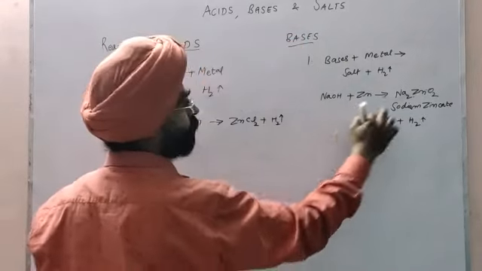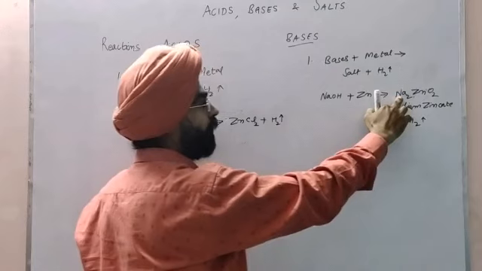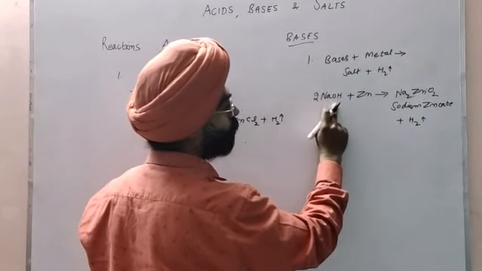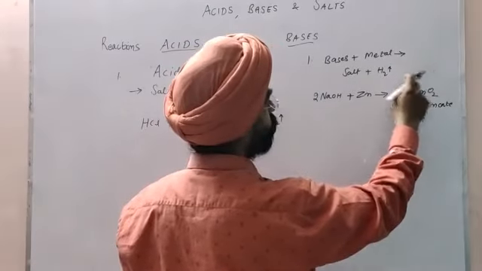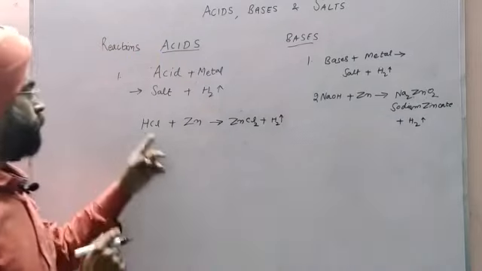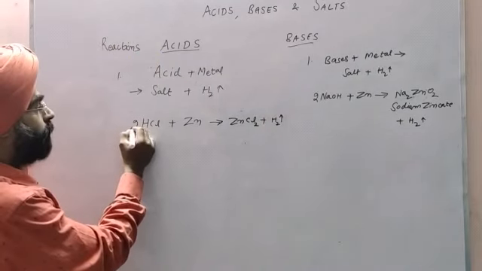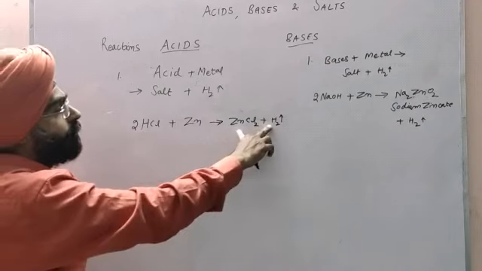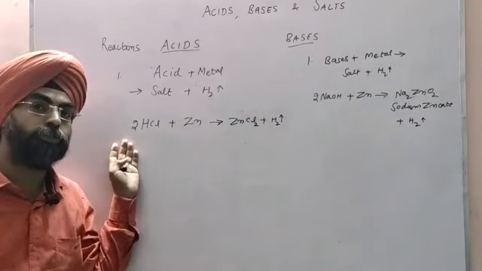We can balance it because here two sodium elements are present, 2 NaOH. Oxygen will become 2 atoms, zinc 1 atom, and hydrogen 2 atoms. Now it is a balanced equation. For ZnCl2, we can balance it by putting 2 as a coefficient here, 2HCl, and hydrogen 2 element. Now it is a balanced equation.